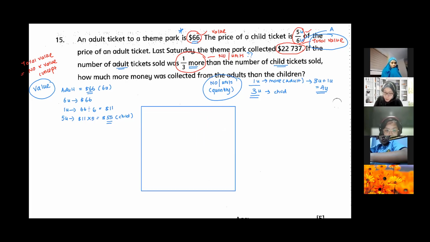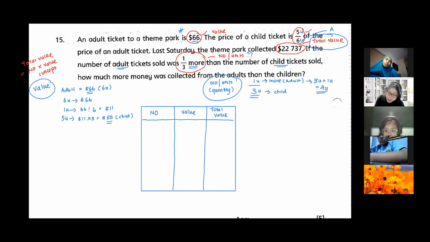Let's not make it too big. Then we cut it up into 3 columns. Write out the 3 columns like this. This is number, this is value, this is total value.